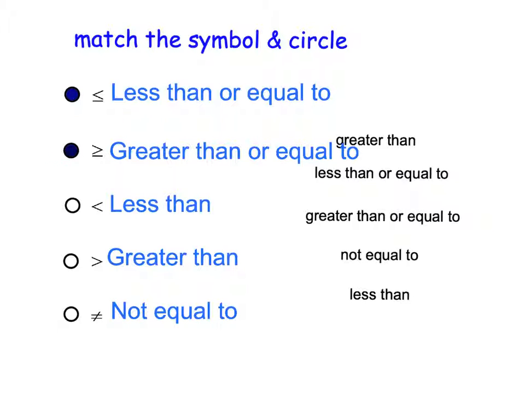And then I want to talk about these circles, open and closed, that are next to the symbols. I talked about it a little bit on the previous slide. Again, if there's a number that is part of the solution set, we would close that circle or fill it in. And those filled-in circles will happen whenever you have an equal to symbol along with your inequality.